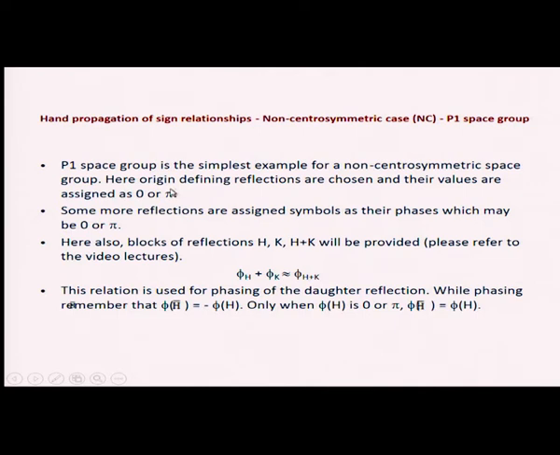Here the origin-dependent reflections are chosen and their values are assigned either 0 or pi. We can add some more reflections and also give them phases 0 or pi. Whenever you assign 0 or pi, those reflections have to have at least one of H, K, L as zero, because these are called centrosymmetric reflections.